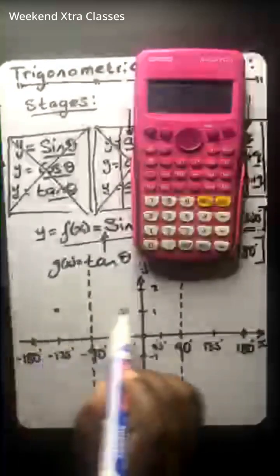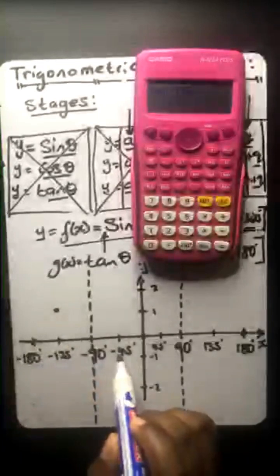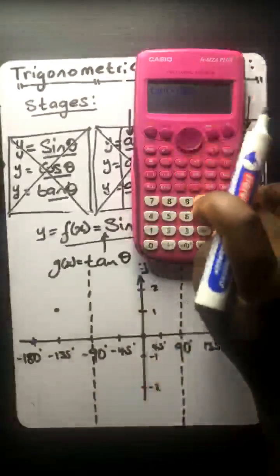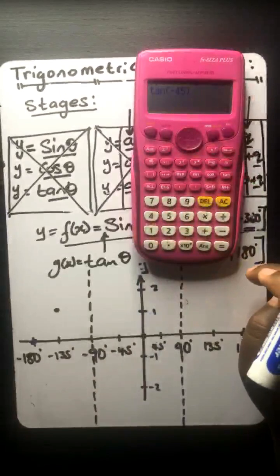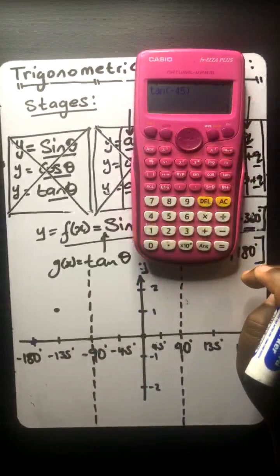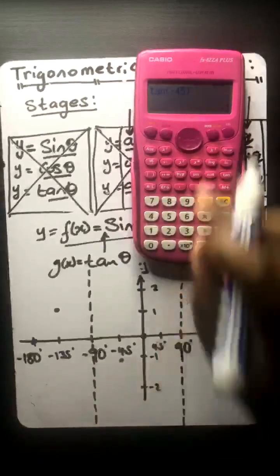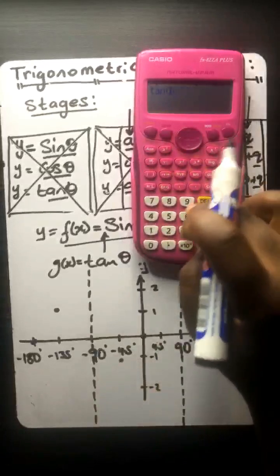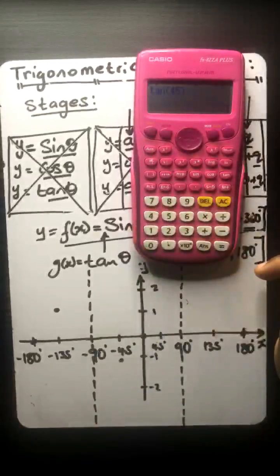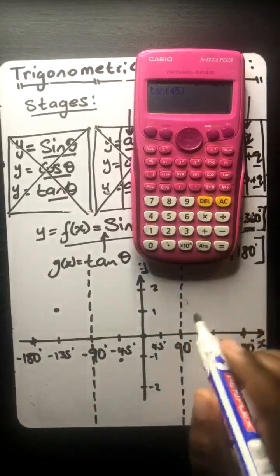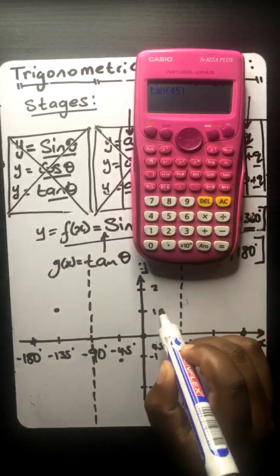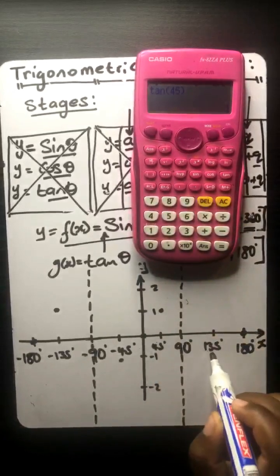Above that, along that. What about negative 45? What are you getting? Negative 1, it's what I'm also getting. What about now, positive 45? What are you getting? I'm getting 1. I'm not sure if you guys are calculating. Let's go to 135.